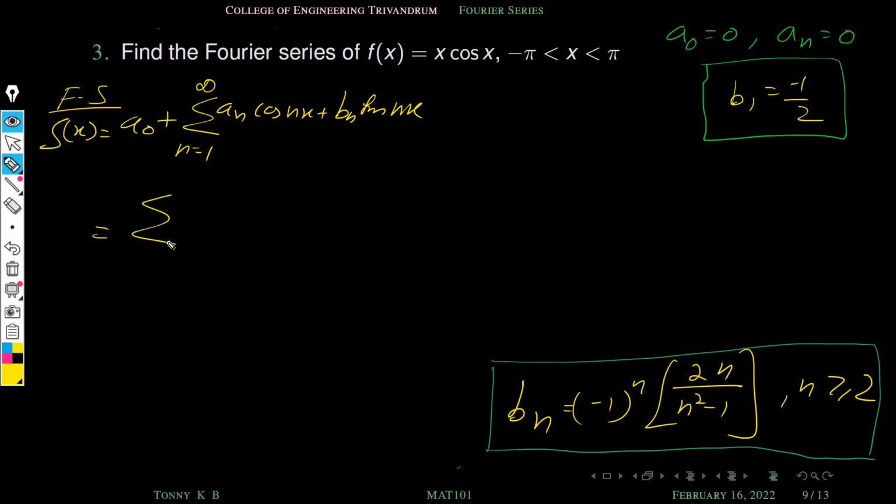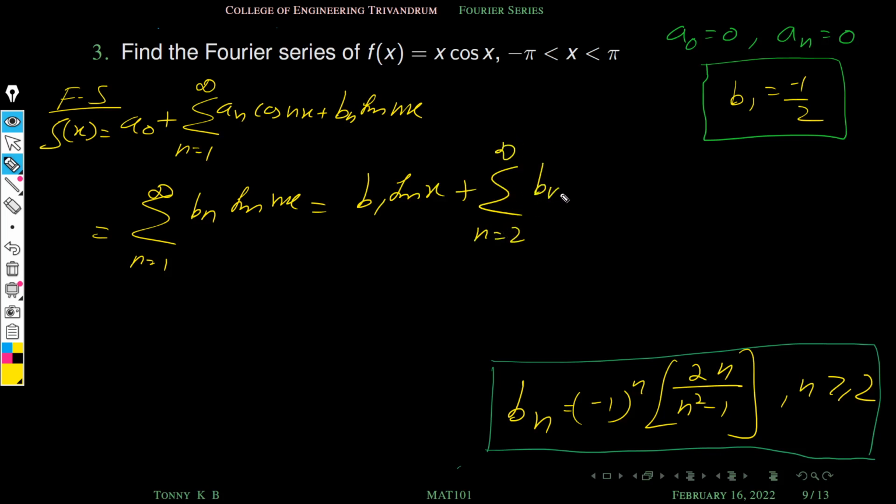So this becomes sigma n equal to 1 to infinity bn sin nx, and we know b1 and b2, b3 etc are different, so we have to split this like this, b1 sin x plus sigma n equal to 2 to infinity bn sin nx.